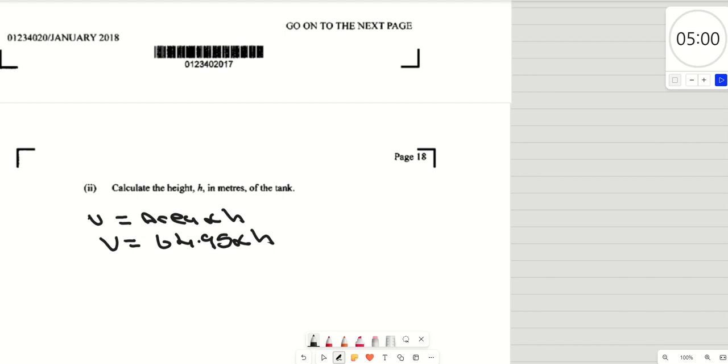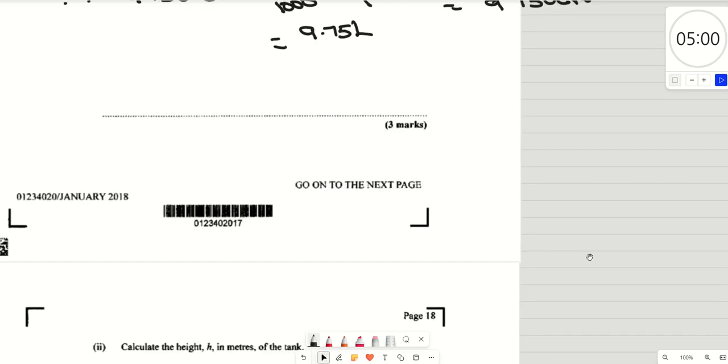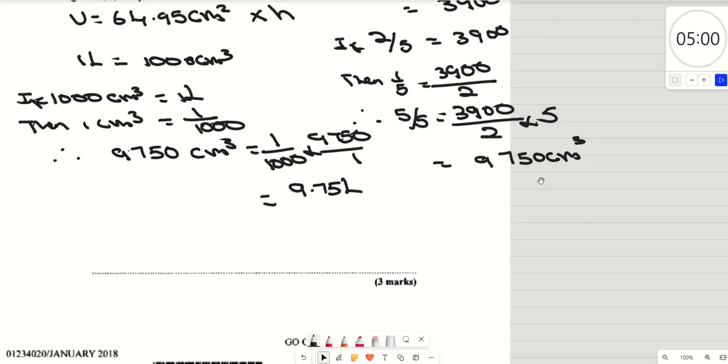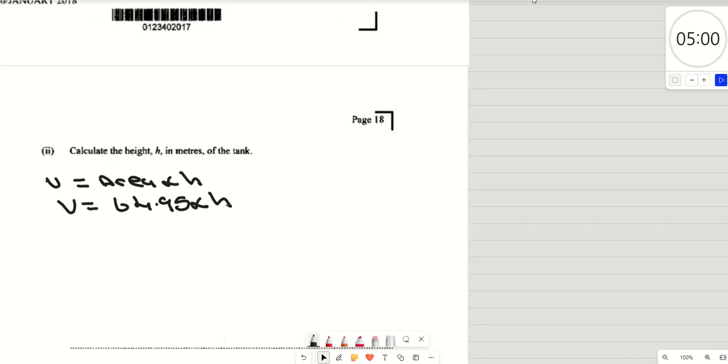We already found out what was the entire volume. Remember, we found it out above here. Not in liters, but we have to put it in centimeters, right? We said that the entire thing was 9,750. Hold on, let's see what h is.